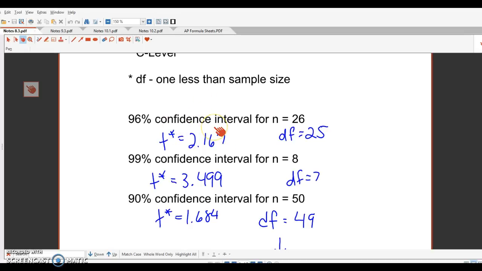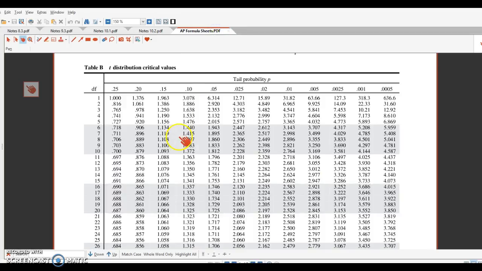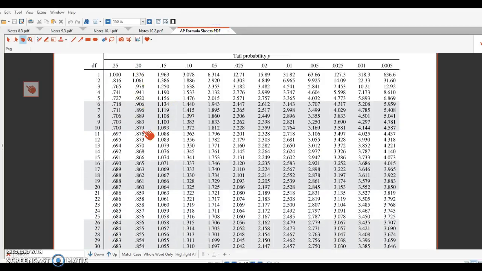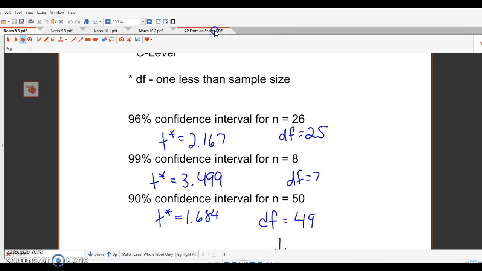Here are just some examples that we worked out in class. So if I have a 96% confidence level and I have a sample size of 26, notice that means I have 25 degrees of freedom. What I'm going to need to do is go to my t-table, table B. I had 25 degrees of freedom.